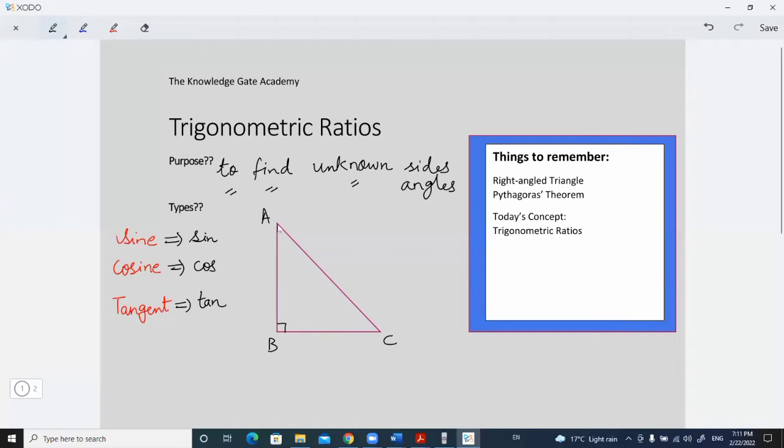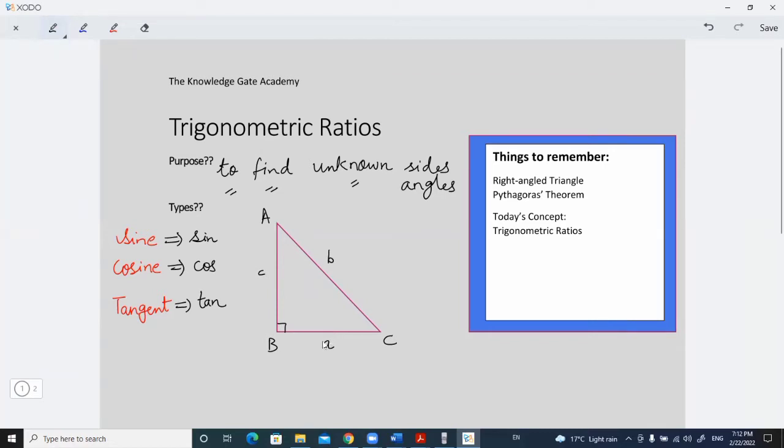The side opposite to vertex A will be named small a, the side opposite to vertex B will be named small b, and the third side, opposite to vertex C, will be named small c. Trigonometric ratios involve angles alongside the sides of the triangle.